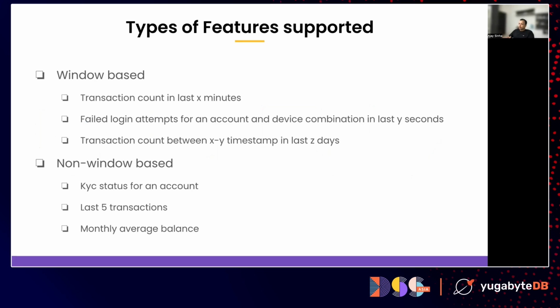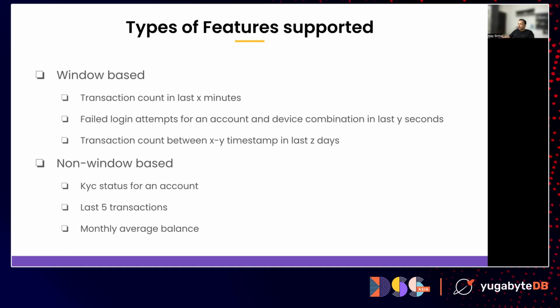There are two high-level feature types which we support. First one is window-based features, where we have some notion of time, like some transaction count happened between this period of time to that period of time, or maybe transaction sum between some timestamps. Any feature which has a notion of time, we call a window-based feature.